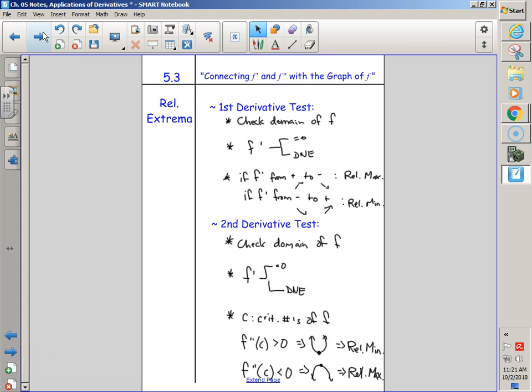Now, I have quickly summarized the first derivative and second derivative tests and the solving procedures to get there. Both tests, I tell you to start by checking the domain of f. Because relative extrema, oh, that's right, okay. First derivative test, second derivative test. I'm not talking about increasing, decreasing, and concavity. I'm talking about relative extrema specifically.